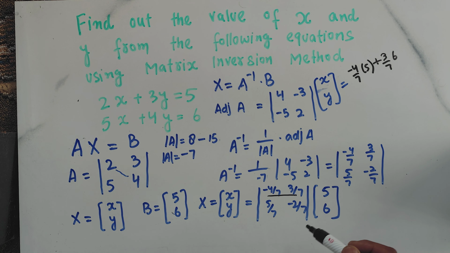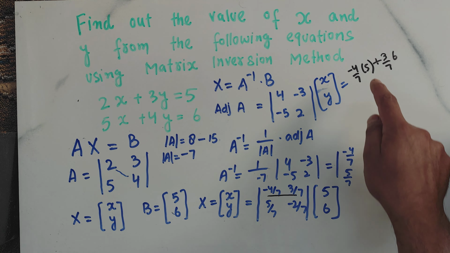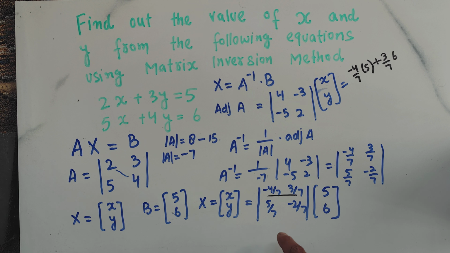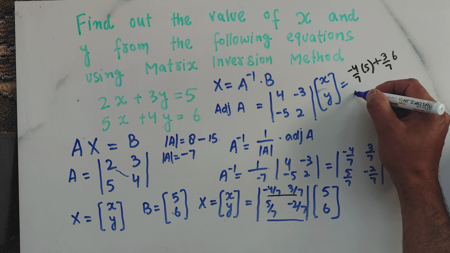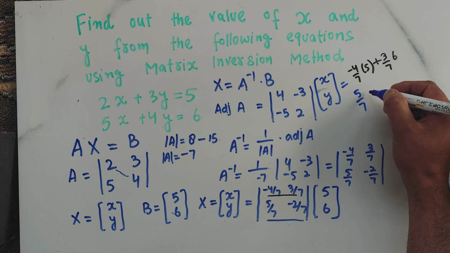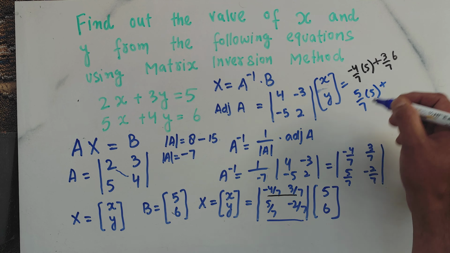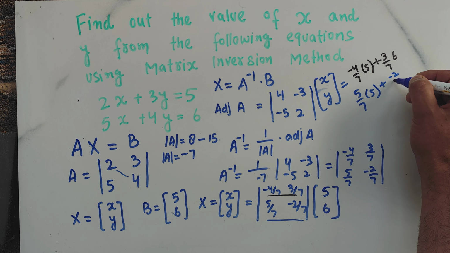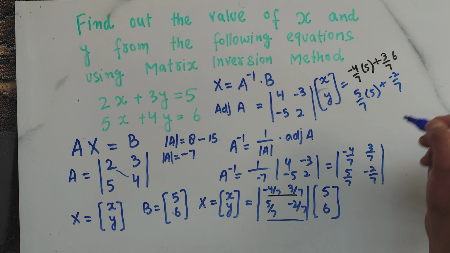Then we multiply this row again with this column and write it here. Likewise, we multiply the second row with this column, so we have 5 upon 7 times 5 plus negative 2 upon 7 into 6.